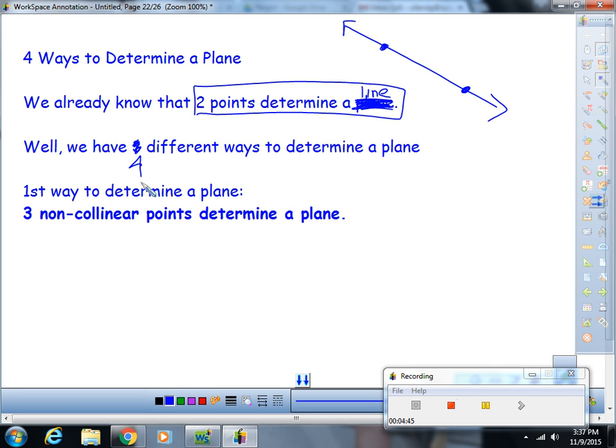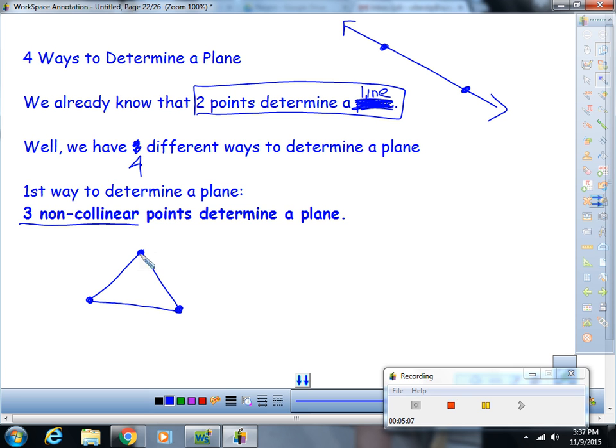So, what on earth are they talking about? Well, that means if we had 3 non-collinear points, 1, 2, and 3. These 3 points are clearly non-collinear. We could form a flat surface out of those points that would represent a plane.